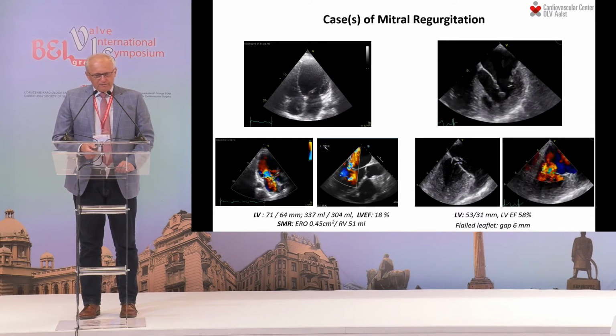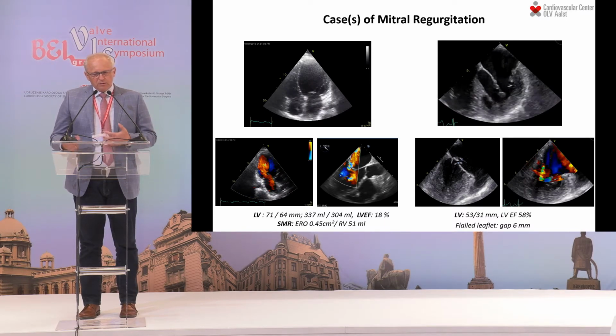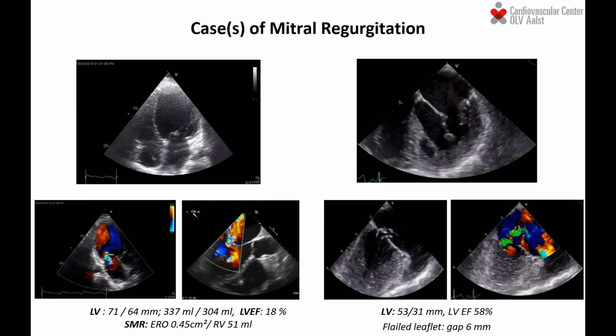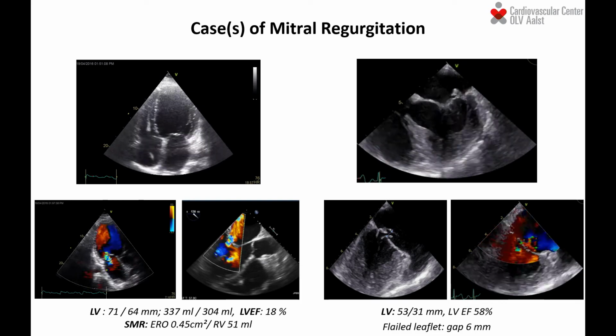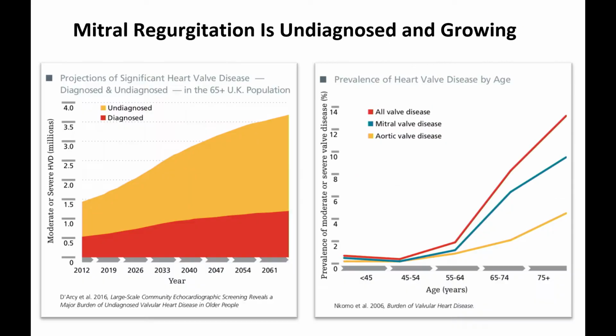One on the left is a functional mitral insufficiency with severe MR, severe remodeling. On the right is a classical prolapse, flail leaflet on the P2. So what can we say about these patients? Well, we know that the population of patients with mitral regurgitation is underdiagnosed, as we see from this data published 5 years ago.